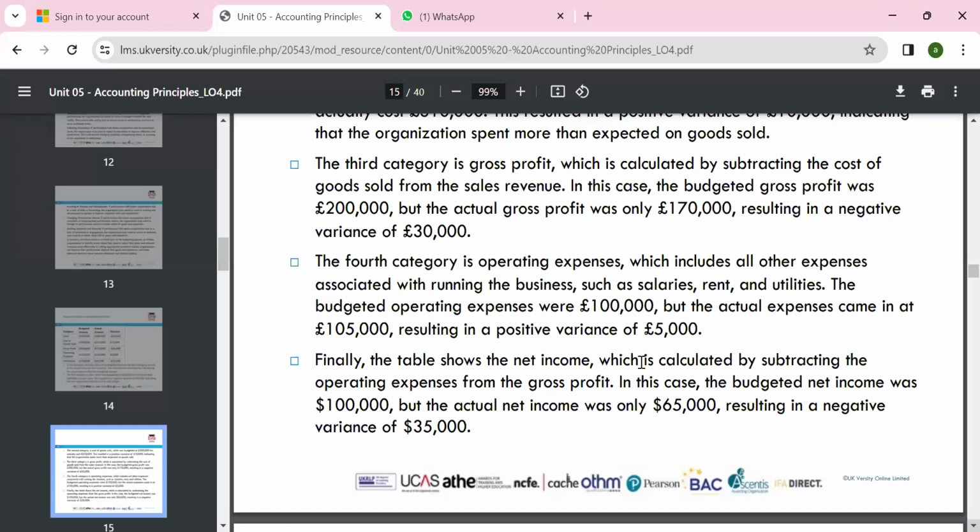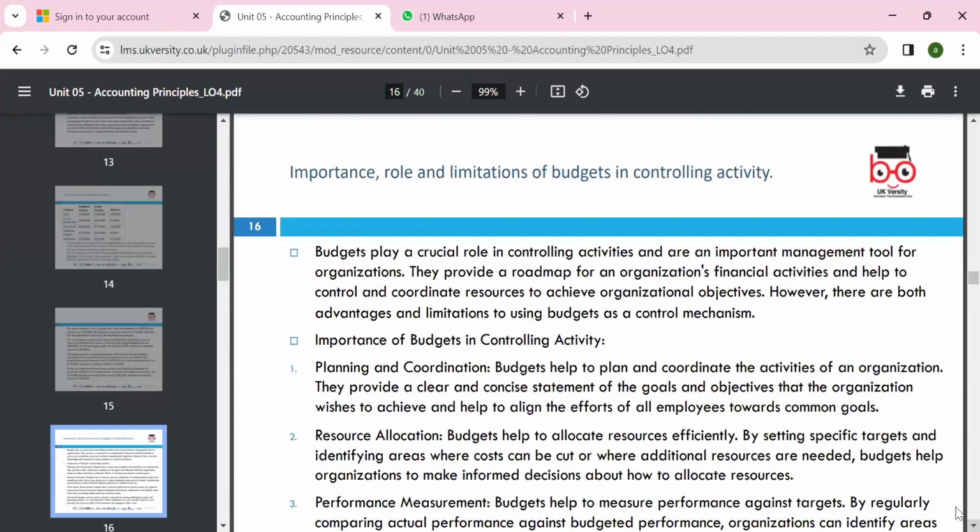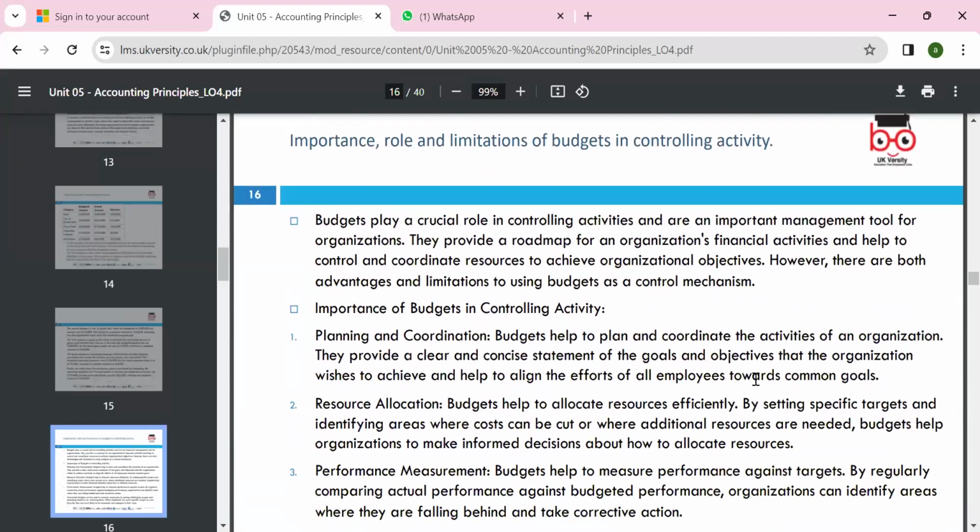So ultimately there is a 35,000 pound variance, as shown in the facts and figures, and we can interpret it. Budgets play a crucial role in controlling activities. They are important management tools of the organization, providing the roadmap so we can take corrective action.